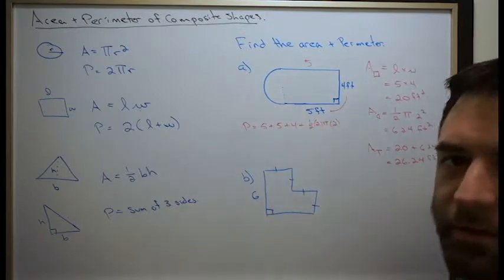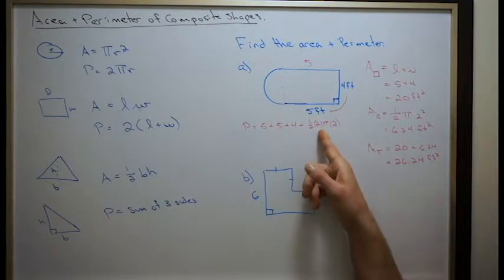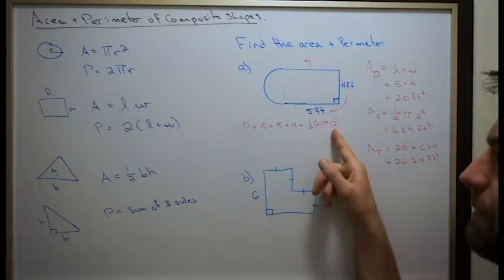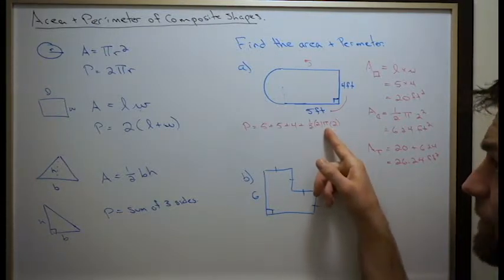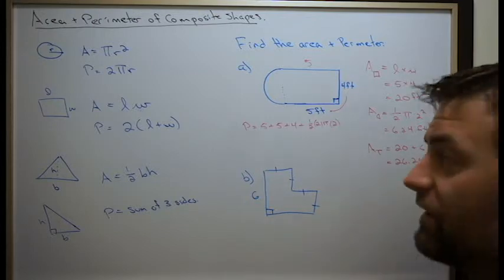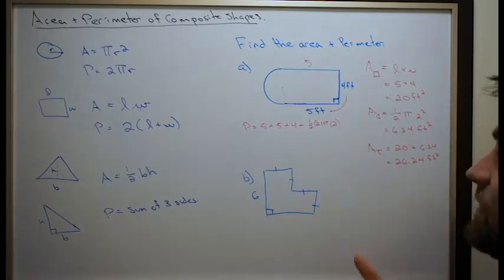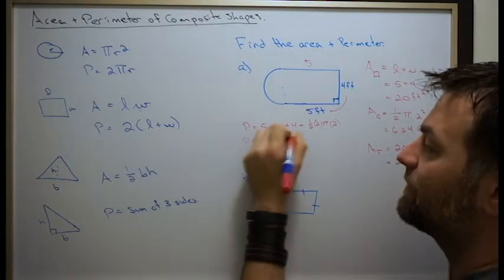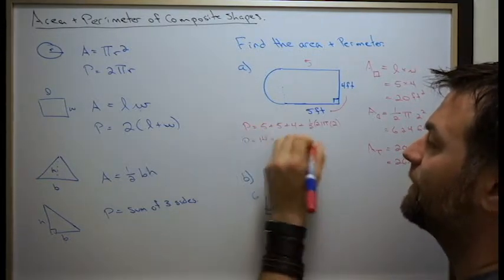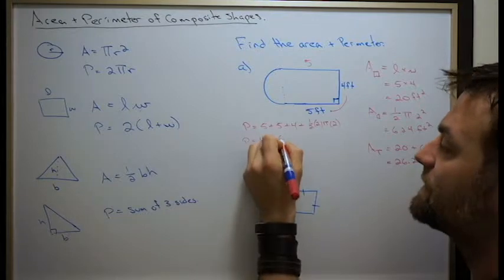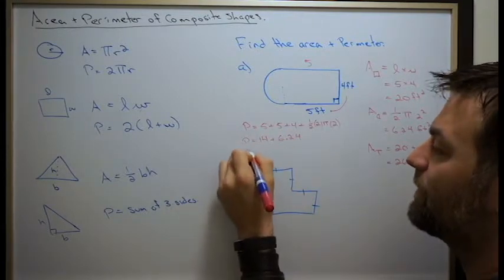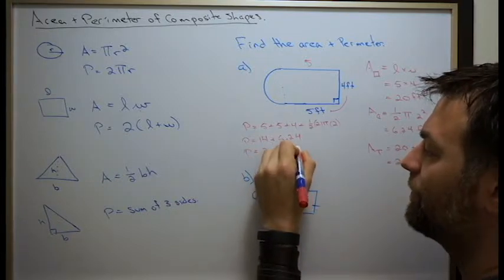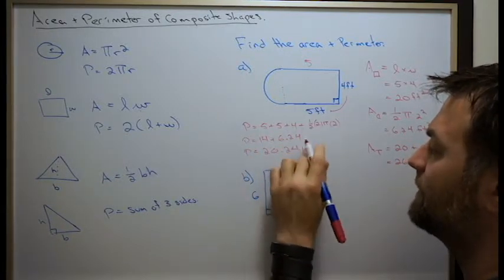I'm just going to put brackets around that to clean that up. So 1/2 of 2 is 1, and then we have 2 times pi. And so 2 times pi is going to give us 6.24. So we have 5 plus 5 is 10, plus 4 is 14, plus 6.24. The perimeter is going to be 20.24 feet.